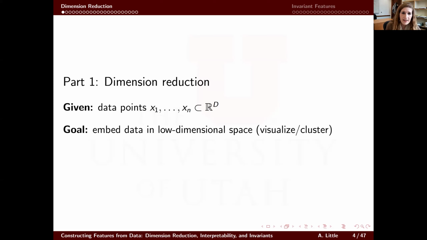We have data points x1 through xn living in some potentially very large ambient dimensional space, R^D. And the goal is to embed data into a low dimensional space where we can better visualize it, do downstream things like clustering it, etc.